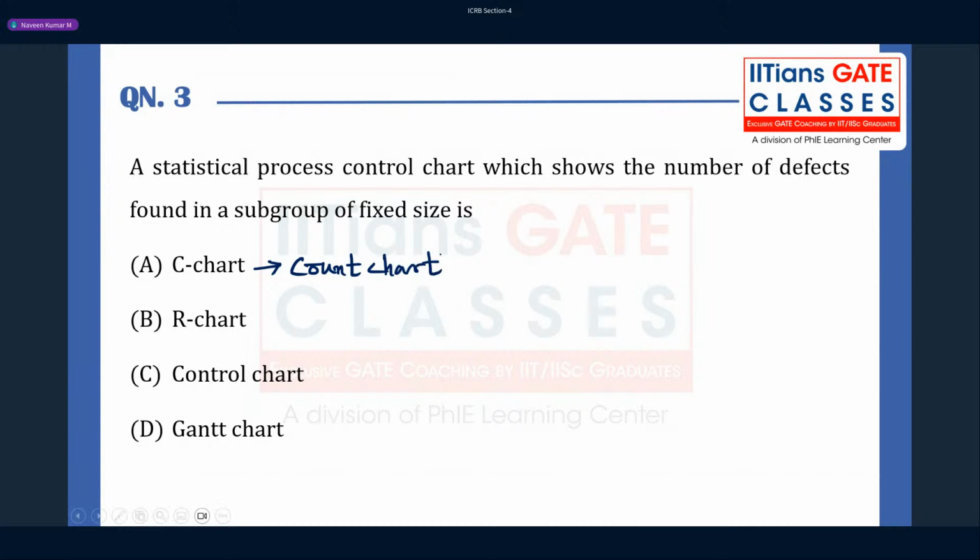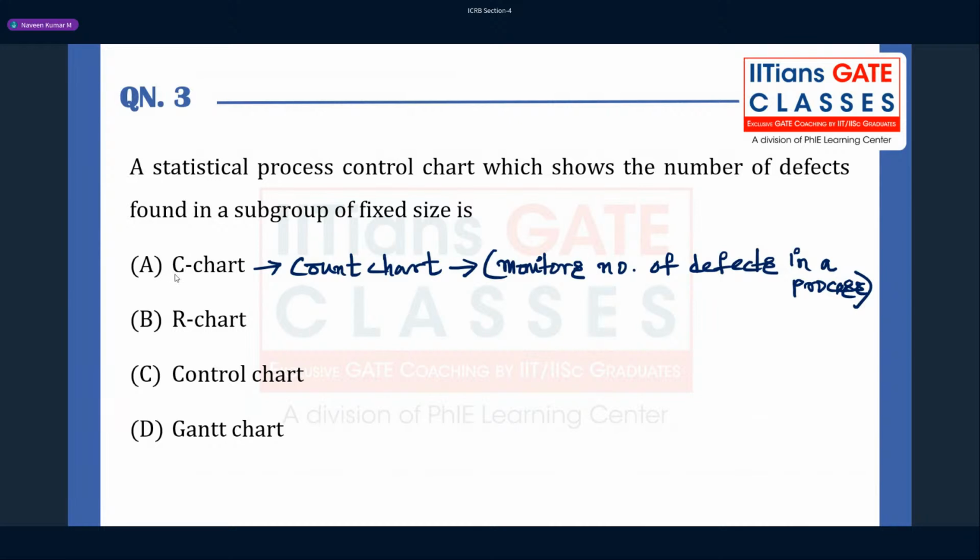Count chart is a statistical tool used in quality control to monitor the number of defects in a process. The C, whatever you are seeing here, stands for count.